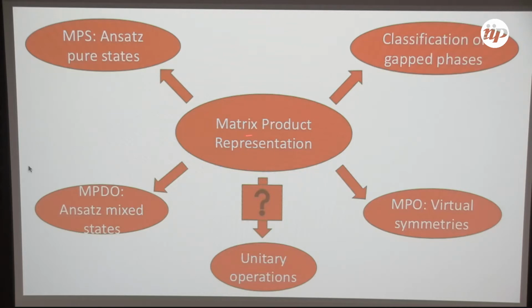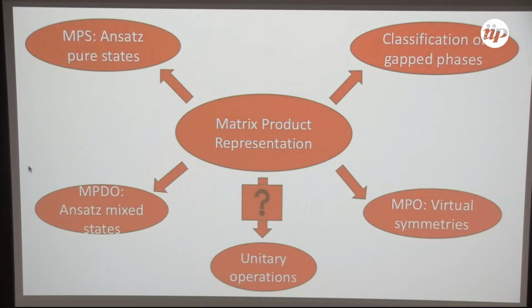So somehow I put this matrix product representation in the center, and it has really been useful in the past. People use this as ansatz states for pure states, and they showed that physically relevant states like ground states or low energy eigenstates of local Hamiltonians, gapped or gapless, have efficient representations in terms of them. And then people went on and actually gave a classification of gapped phases.